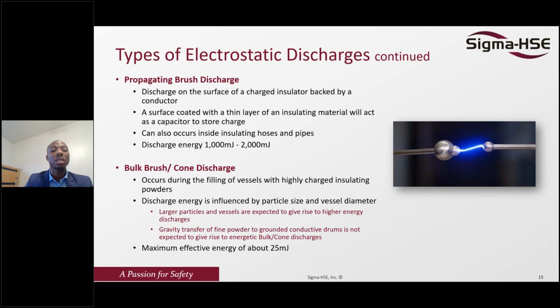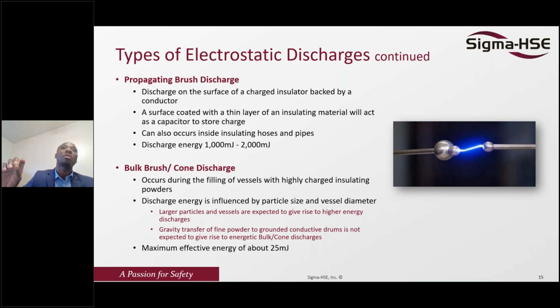We also have the bulking or cone discharge, and I think I'll dive more into that one very soon too. It occurs when filling a container. When filling a container from the top, as it drops into maybe a silo, and you see that it forms a kind of cone, and if the material is super insulative, depending on the volume resistivity or the surface resistivity of the material, then it will actually accumulate those charges.